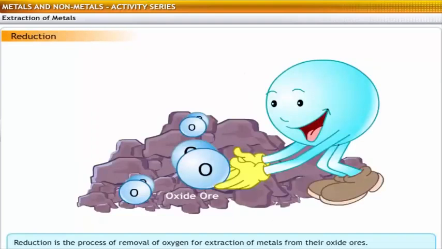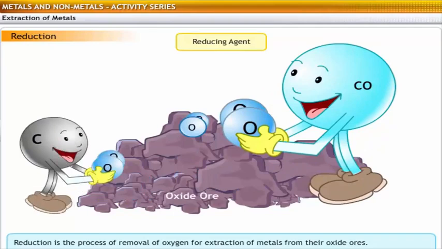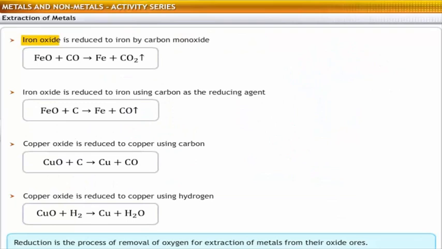Reduction is the process of removal of oxygen for extraction of metals from their oxide ores. The common reducing agents used for reduction of metal oxides are carbon monoxide, carbon, and hydrogen. For example, iron oxide is reduced to iron by carbon monoxide. Iron oxide is reduced to iron using carbon as the reducing agent.